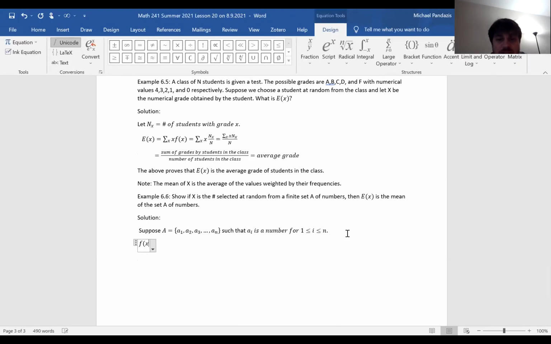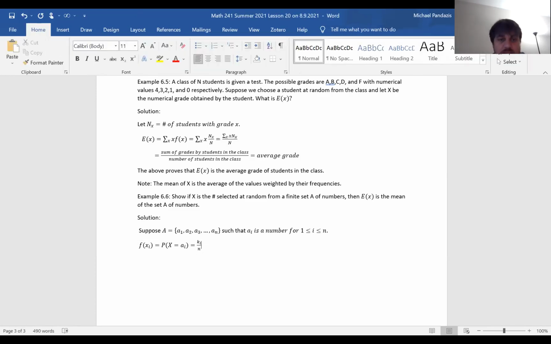f of x sub i is equal to the probability that capital X is equal to a sub i. It's the probability that you choose a particular value, which is equal to the number of values in the set equal to that number a sub i divided by the total numbers in the set, which is n.